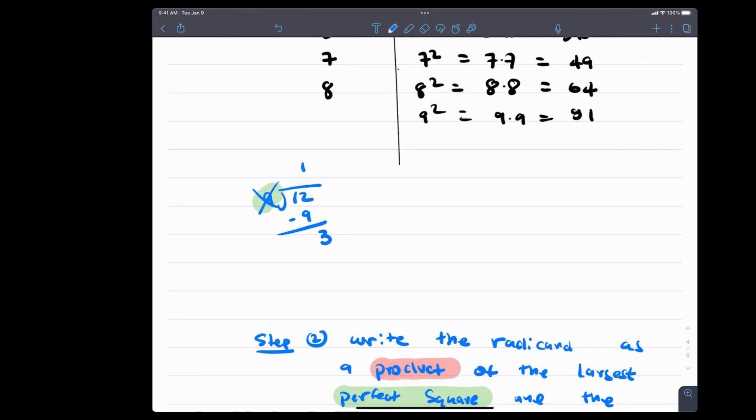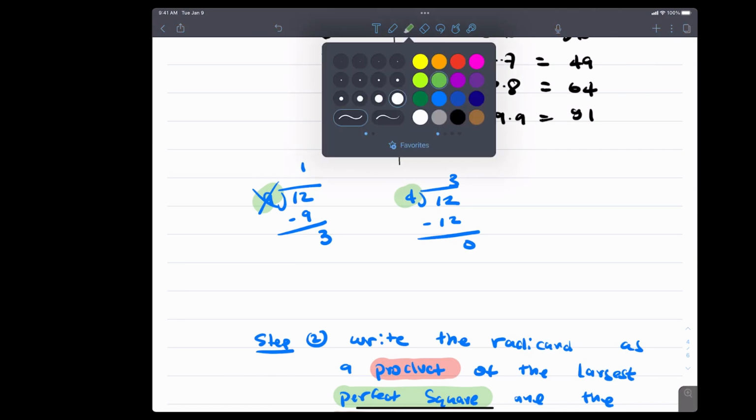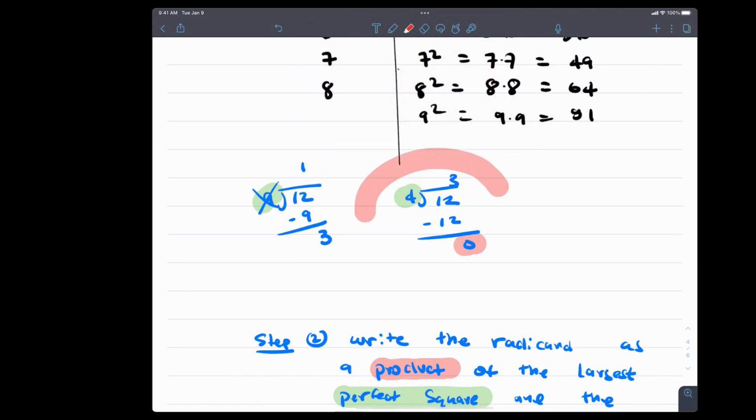So now 4 goes into 12 how many times? 3 times. What did you get? You got the 0 remainder. What does that mean, ladies and gentlemen? That's what you're going to use here.